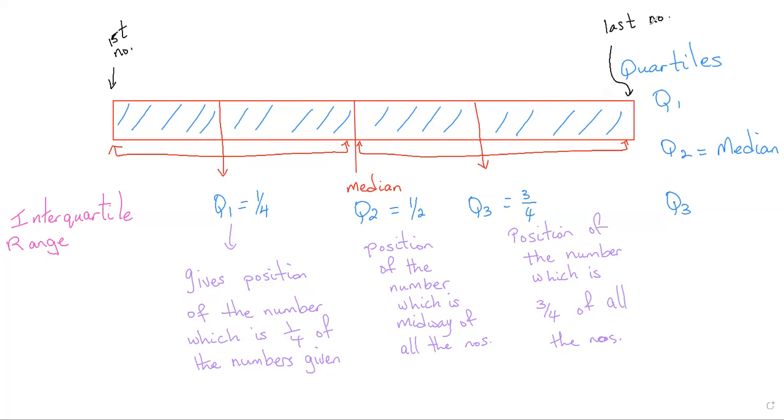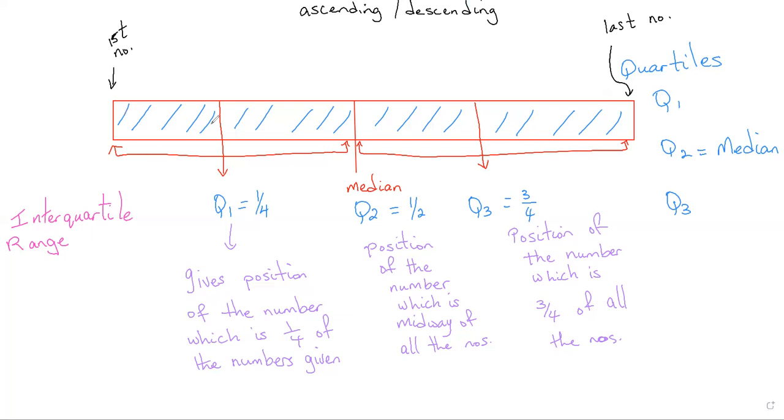I arranged my numbers in either ascending or descending order. Right, so we ordered all of them, because we know if we have to find a median of numbers, we have to order them into ascending or descending order.